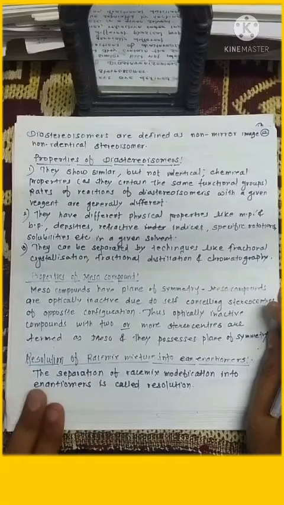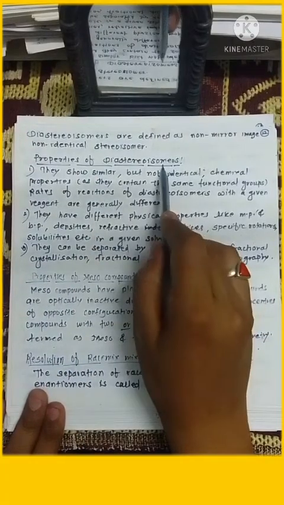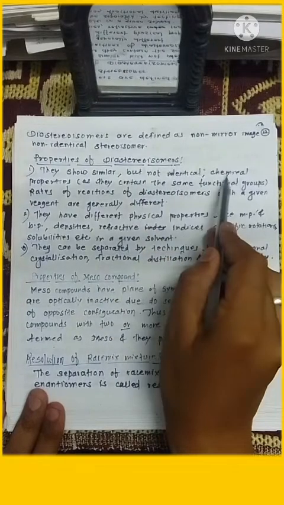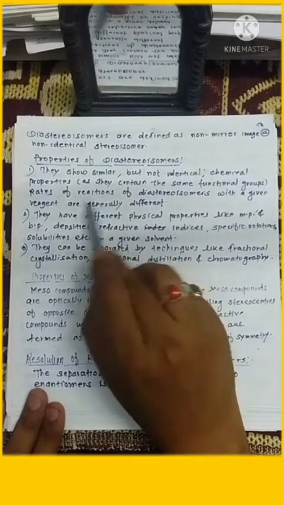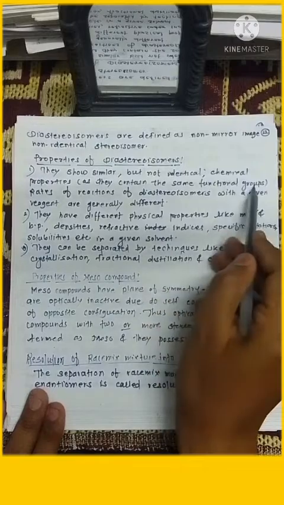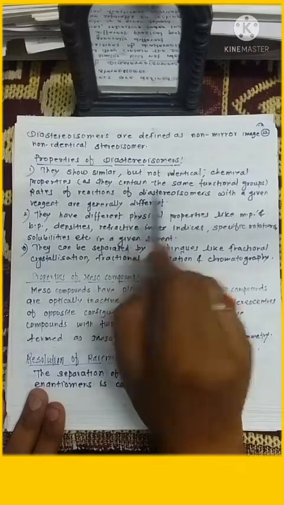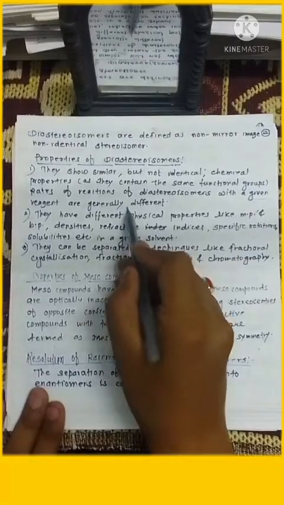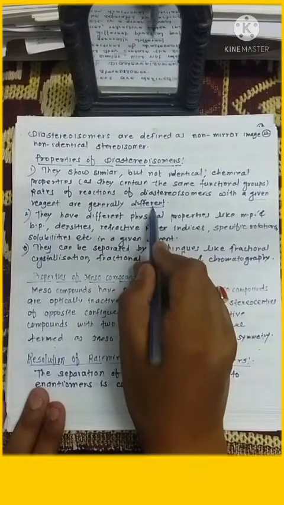Now we are going to see properties of diastereoisomers. They show similar but not identical chemical properties as they contain the same functional group. Rates of reaction of diastereoisomers with a given reagent are generally different. It is important.